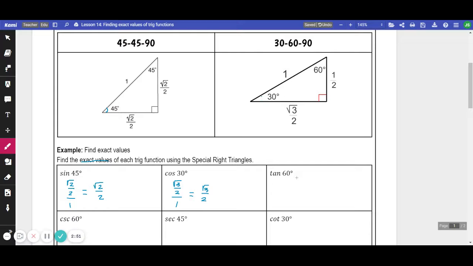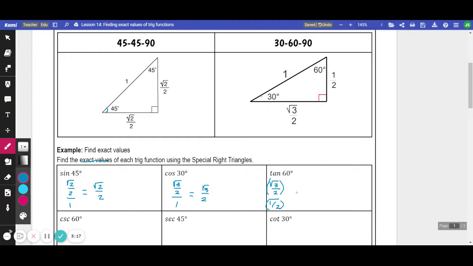Tangent of 60. So now we're going to use this 60 degree angle up here. Tangent is opposite, root 3 over 2, divided by adjacent, which is 1/2. I'm not sure the last time you divided fractions, and it tends to be kind of a struggle. So when we're dividing fractions, we're dividing root 3 over 2 by 1/2.